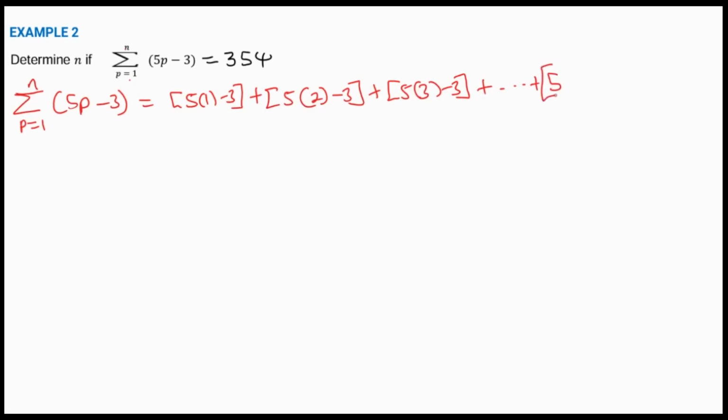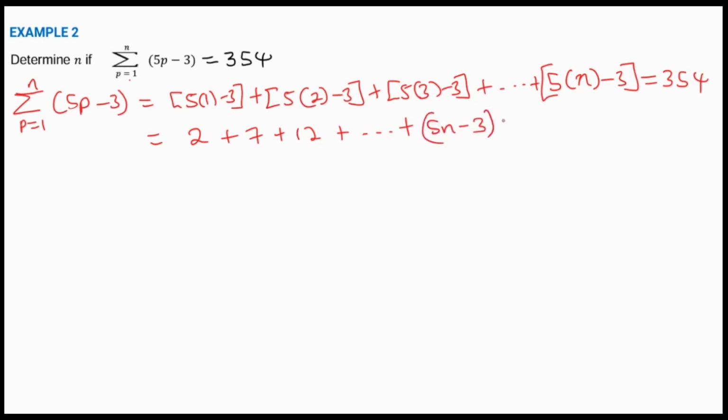So it's 5 times n minus 3, which is equal to 354. Right, so it means here we're adding 2 plus 7 plus 12 plus, it goes on like that till we have 5n minus 3 is equal to 354.